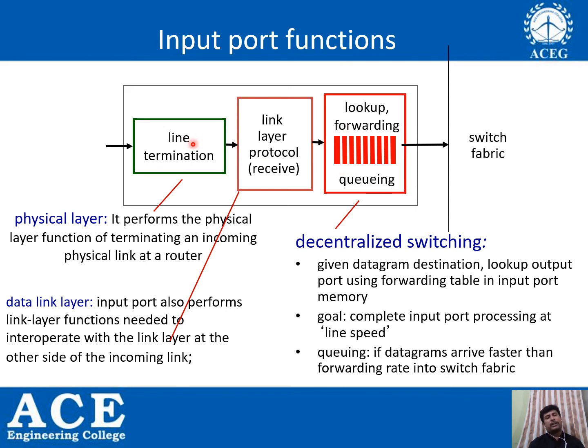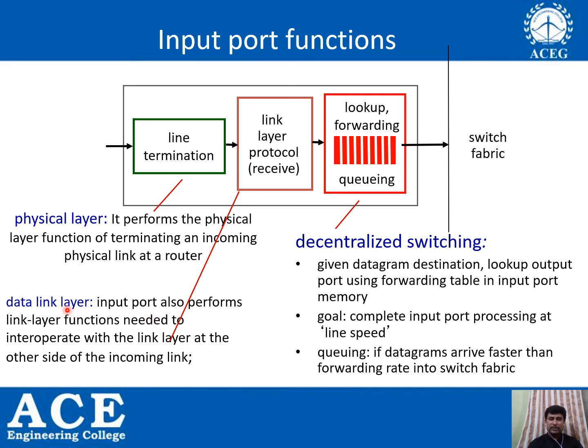The first one is line termination. This is the one responsible for receiving the datagram sent by the sender or the previous router. This line termination connects you to the router, and it performs the physical layer function of terminating an incoming physical link at the router. The second block of your input port is the link layer protocol.